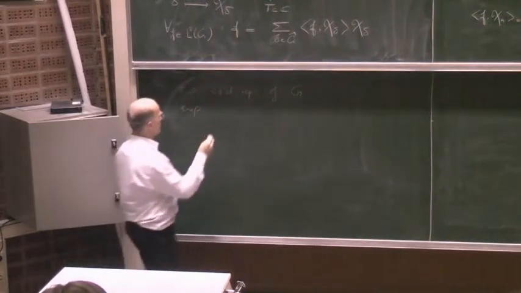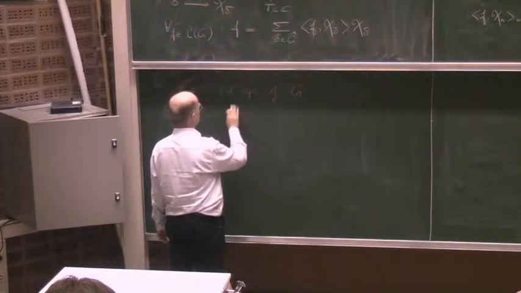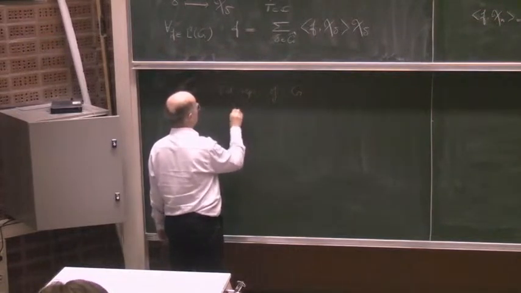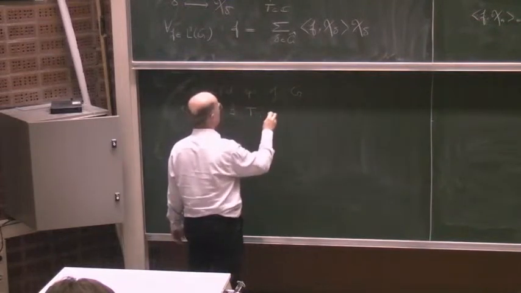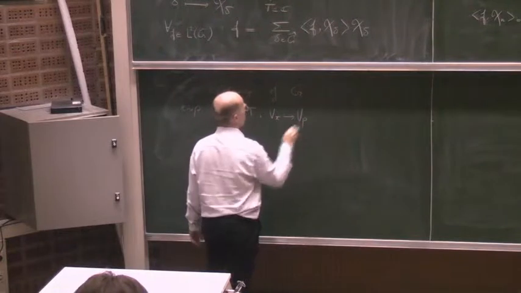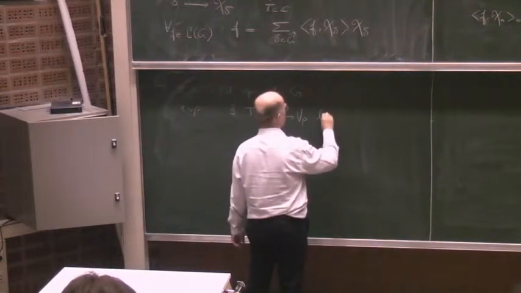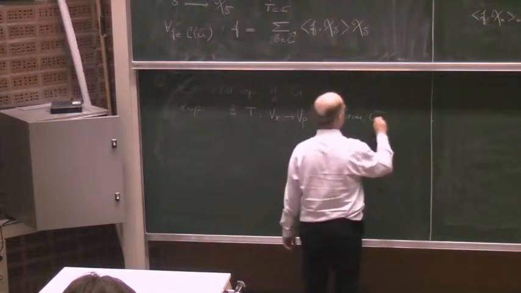So this means that there is an intertwining operator, so there is a linear isomorphism T from the representation space of pi to the representation space of rho.